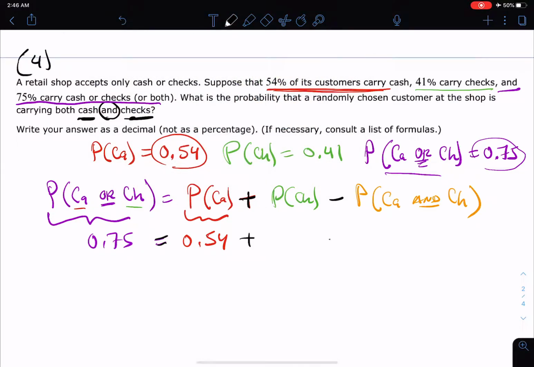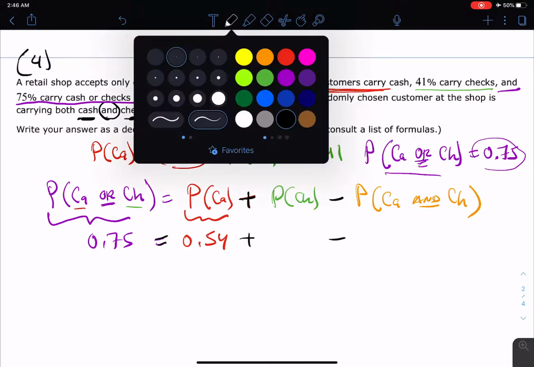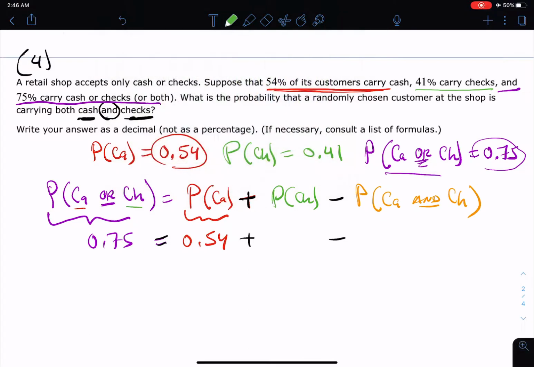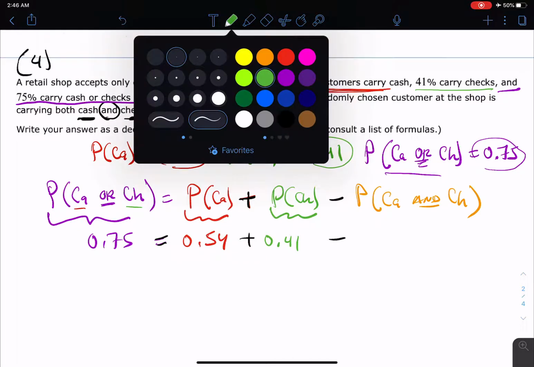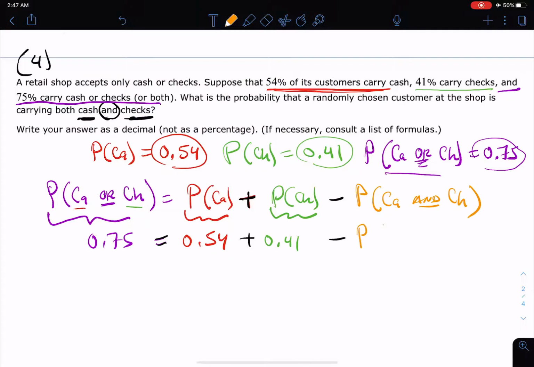And then we have plus and a minus, and we definitely have our green probability of checks, which is 0.41. And then we have to subtract out our gold, which was not given to us, which is the probability of cash and checks.